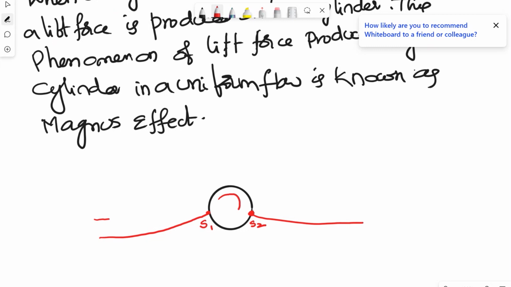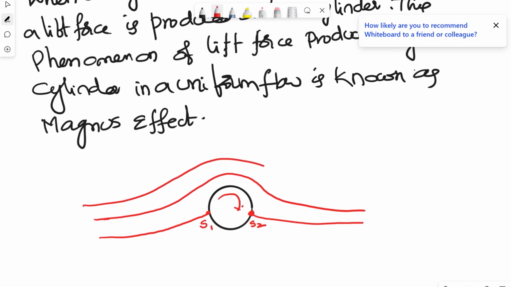Now this cylinder is rotating, and the flow is like this. This is how the flow lines are.